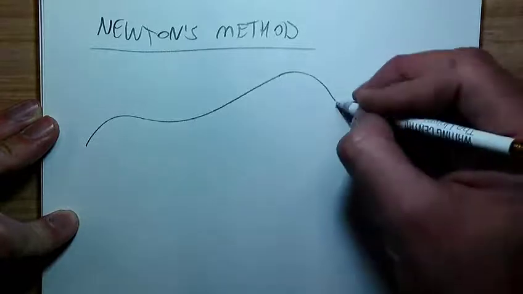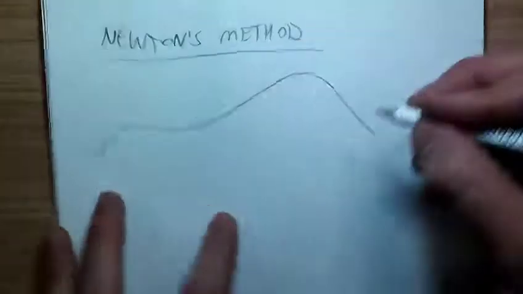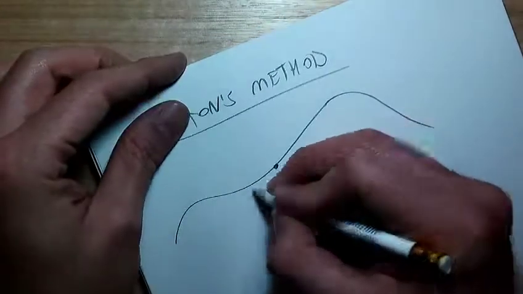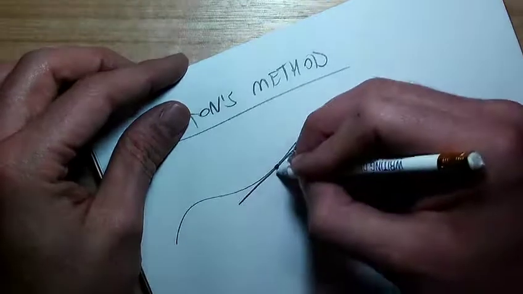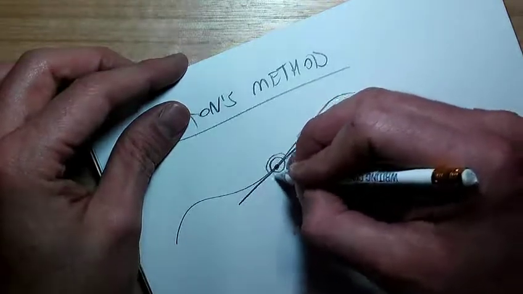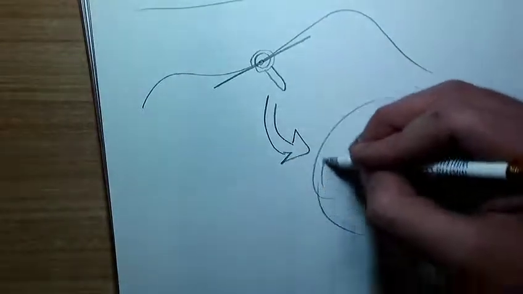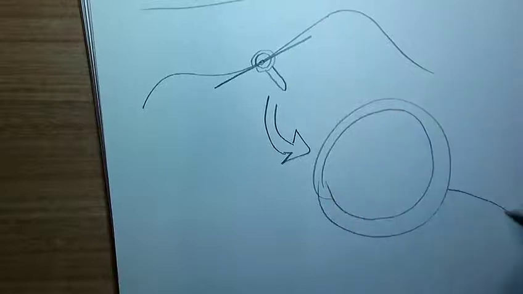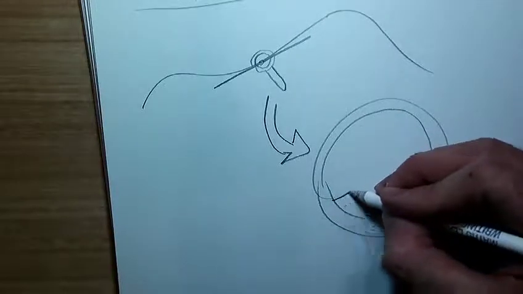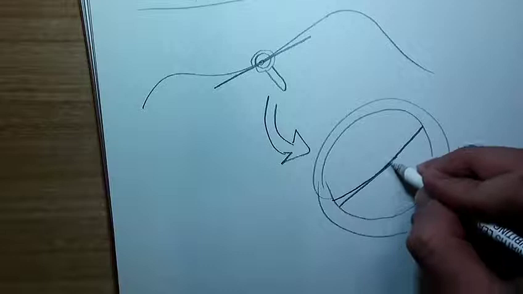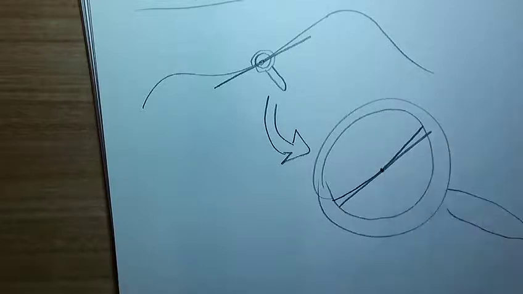The philosophy goes that if I have a curve that looks like whatever it looks like, and I pick a tangent somewhere, and I zoom in here with my magnifying glass, here I am trying to zoom in with pencil and paper again, then the tangent and the curve are not all that different.